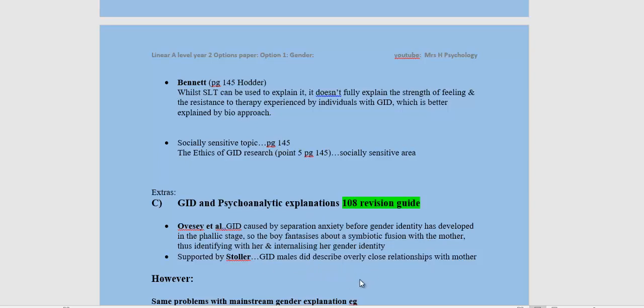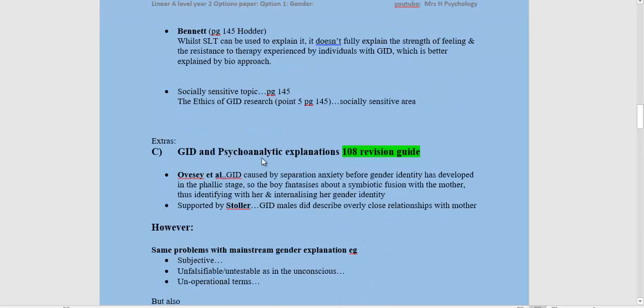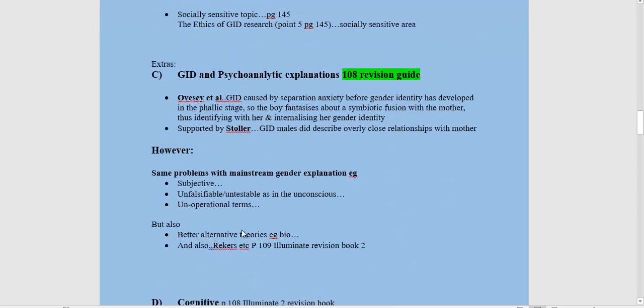Okay, and obviously with any psychoanalytic explanation we have the same evaluative points. We have very little scientific evidence. It's unfalsifiable and untestable, because this separation anxiety and also the whole process of Oedipus and Electra in the phallic stage is in the unconscious, so we can't test it scientifically.